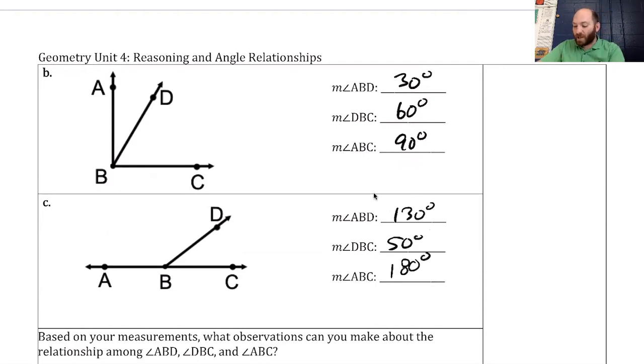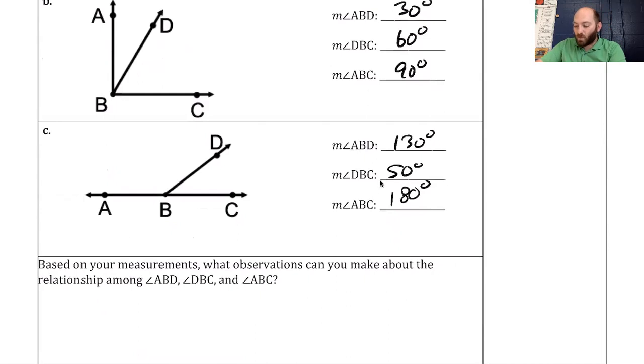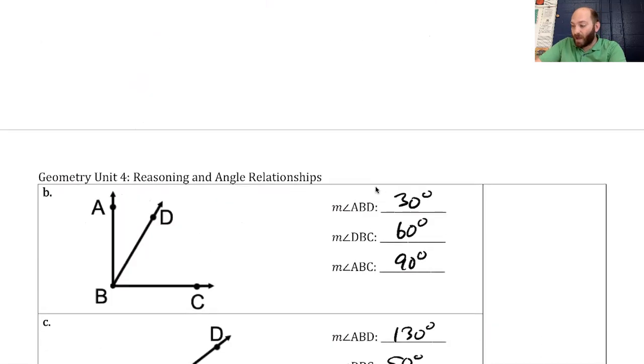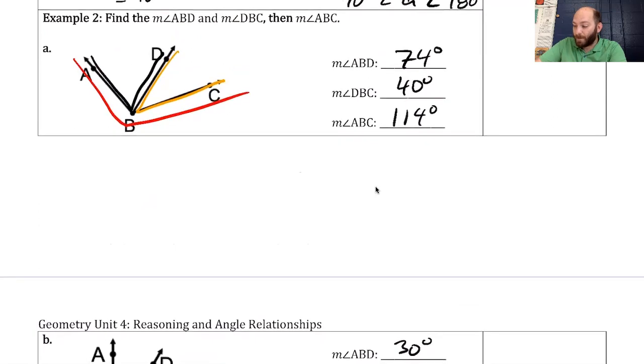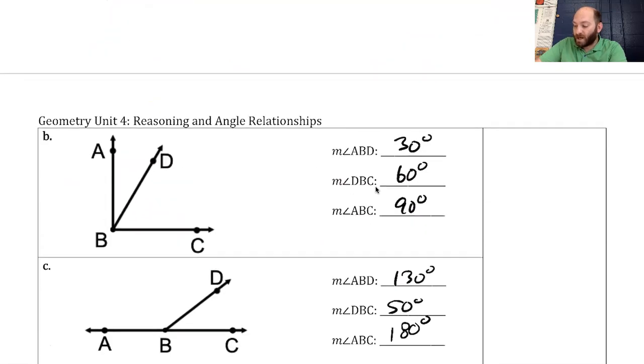So as a reminder, we have this example, 74, 40, and 114, then 30, 60, and 90, and 130, 50, and 180.